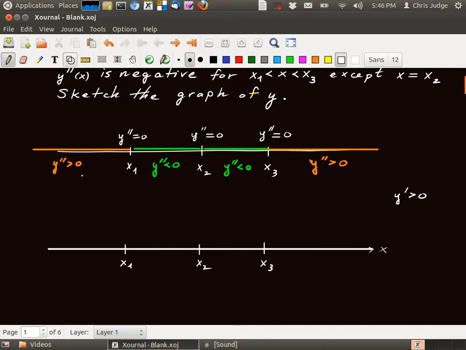The second derivative tells us about the concavity as we go along. So here we're told from left to right, if we look at this, we have the second derivative is positive. That means when we work from left to right, up until x1, we must be concave up. But then after x1, the second derivative is negative, so it must be concave down.